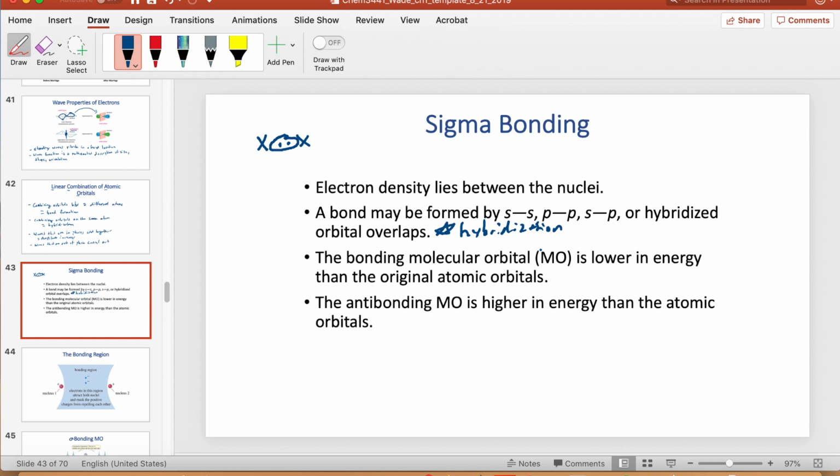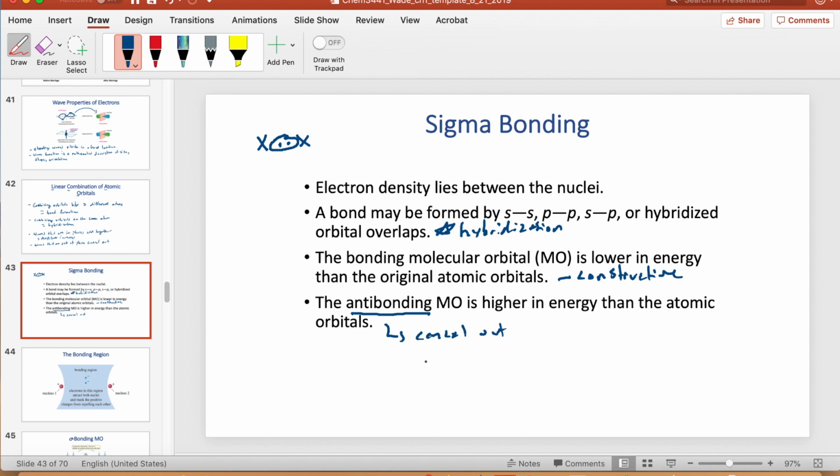Now, remember that because we're talking about waves, they can add constructively, in other words, they add together, and that is good. This would be an example of a constructive addition. And this would be when they cancel each other out. This gives us what we call the antibonding molecular orbital, and it's higher in energy.